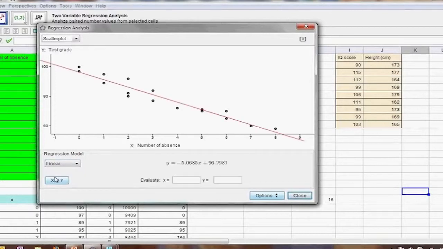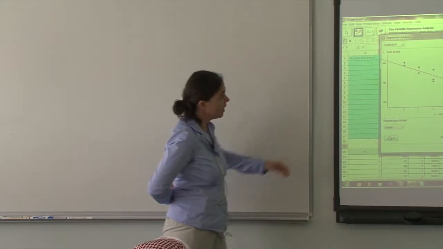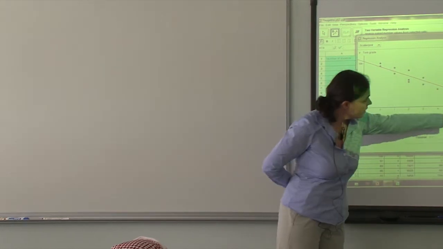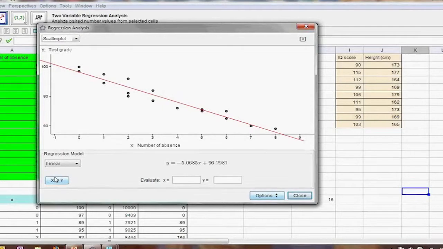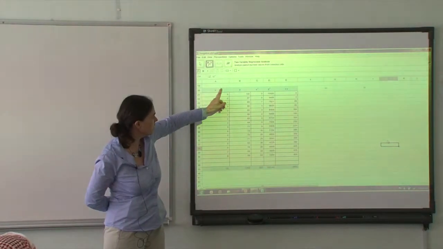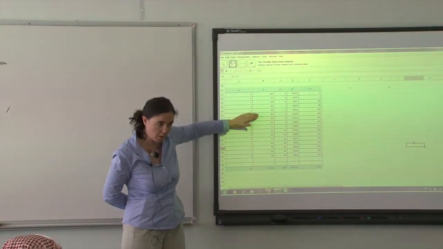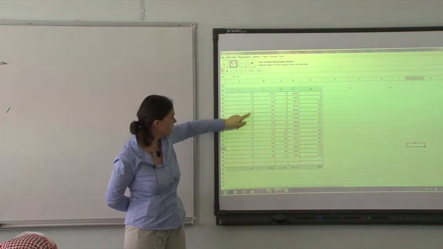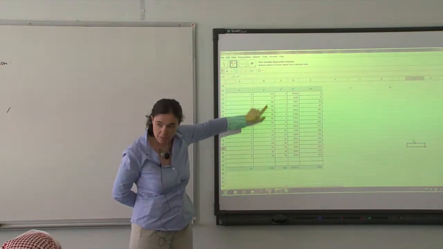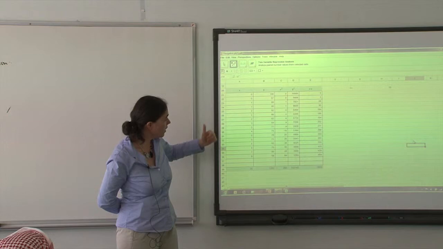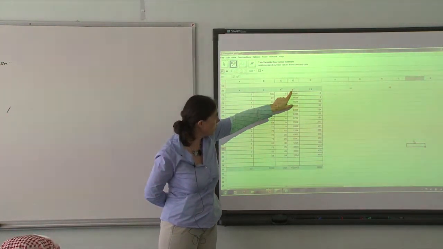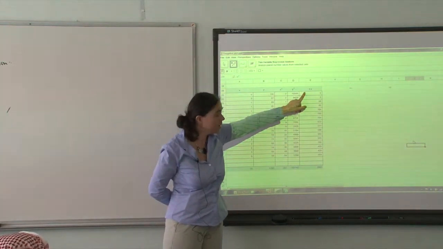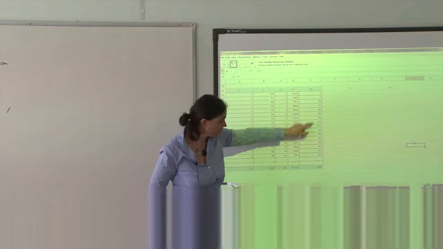Yes, you have a nice line that seems to predict your data. Here are our values of x and y, attendance and grade. As you said, we need to find x squared, y squared, which has been done for you, and the product of x and y.